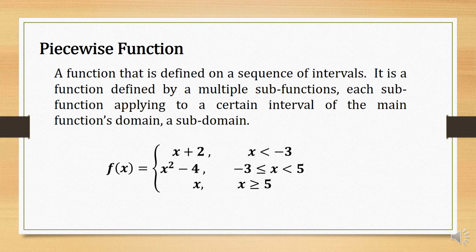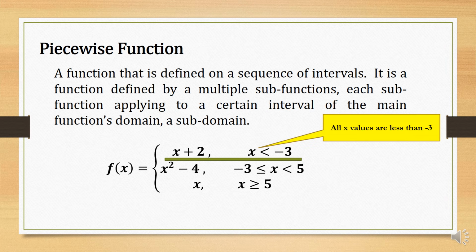You have observed that in this function, there are three subfunctions. The first subfunction is defined as x plus 2, whose x values are less than -3.